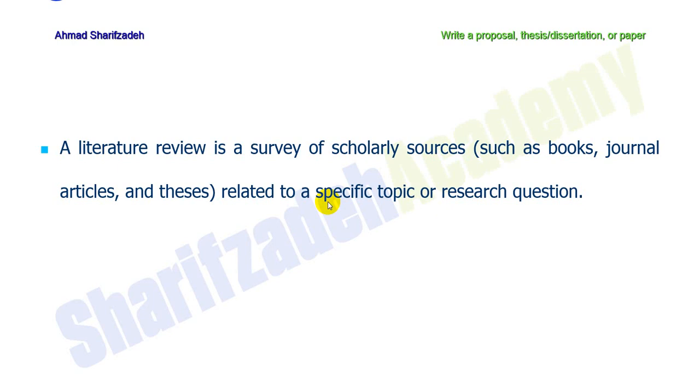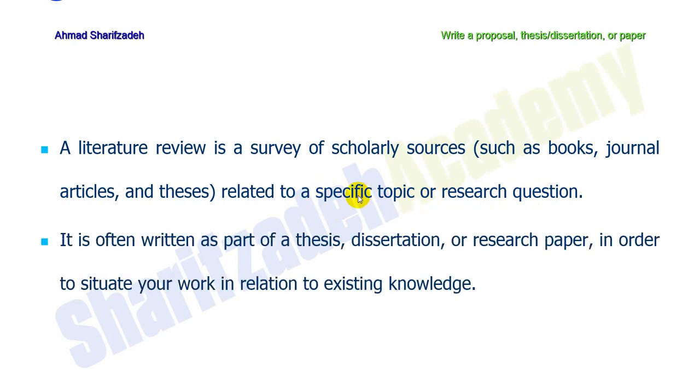You know that in some cases we equate research topic and research questions, because we believe that research topic includes research questions, and research questions give birth to a research topic. Then they can be equated. And it is often written, as I said, as part of a thesis, dissertation, research paper, or in some cases for proposals.